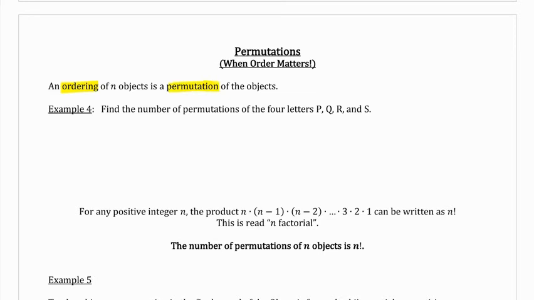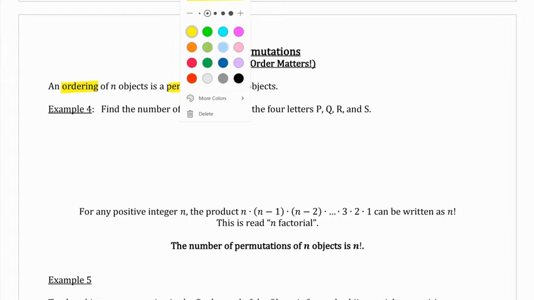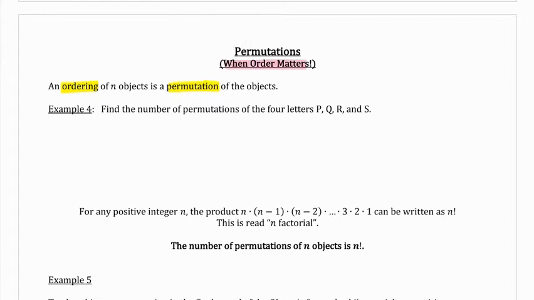So permutation is always when order matters. That is something you will hear me say a lot in the next couple days as we talk about that. So permutation, order matters. It means when I decide how many possibilities there are, the order of each possibility means it's different from the other one, okay?